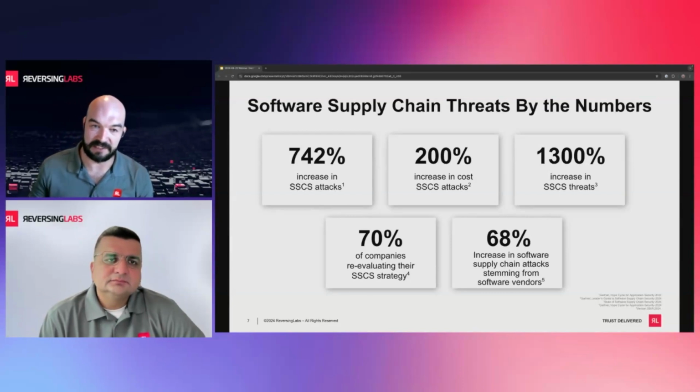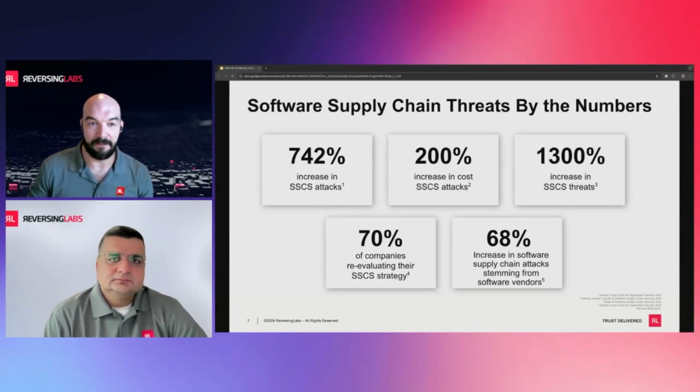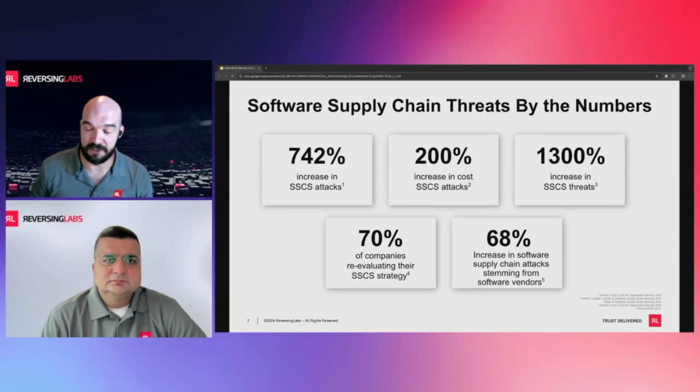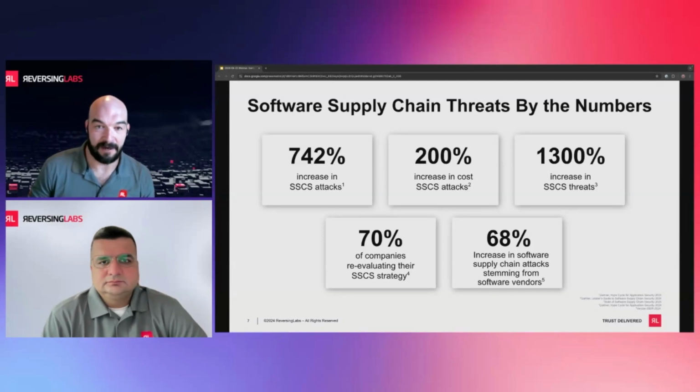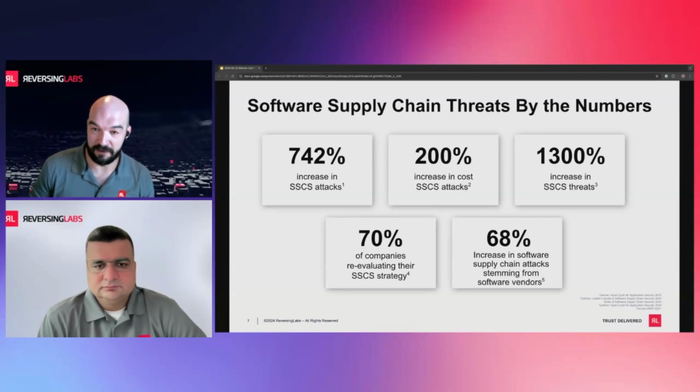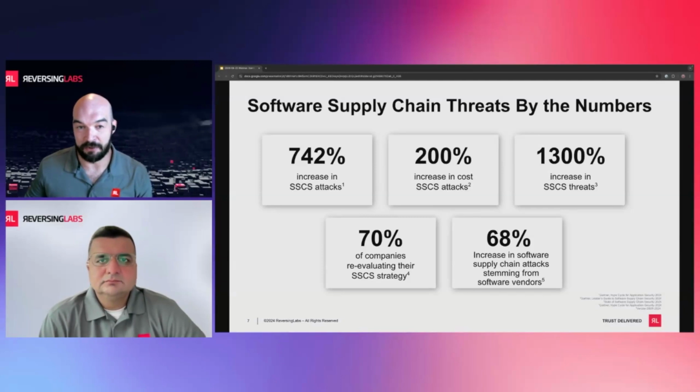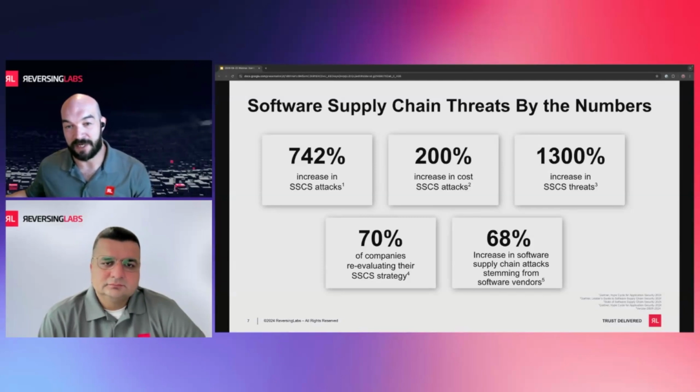This Gartner report cites a 742% increase in software supply chain attacks, as well as the costs stemming from them rising almost 200% over the next decade or so, from around $46 billion in 2023 to an estimated $138 billion by 2031.